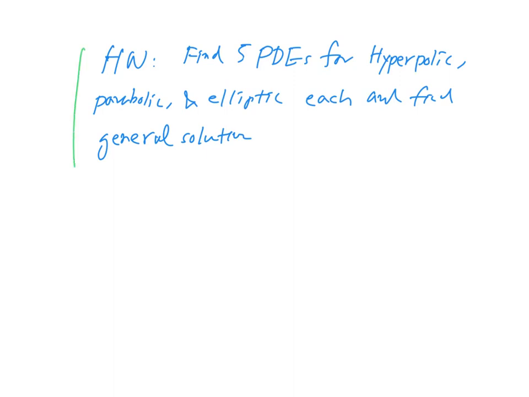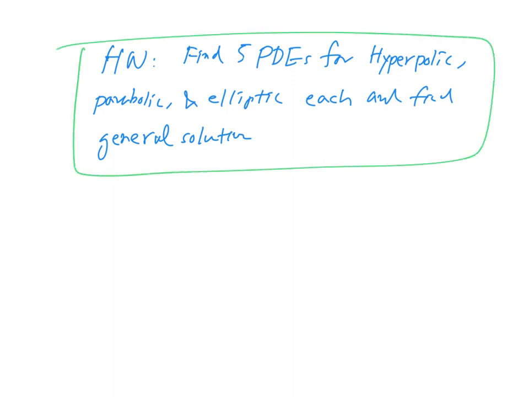So that's your final homework. So dig out any engineering math book to try to find 5 for each, so 15. 5 hyperbolic equations, and try to solve for general solutions, and 5 parabolic type, and 5 elliptic type. Any equation is okay. So you just find any engineering math book. I think they will have some sections about partial differential equations, and you can find some solutions. So that's it.